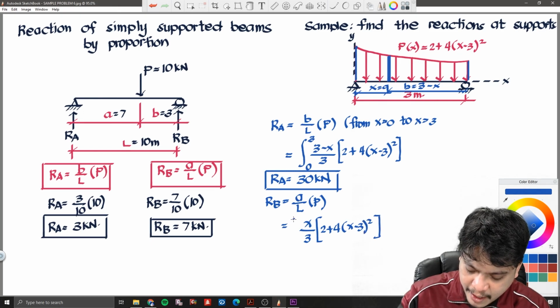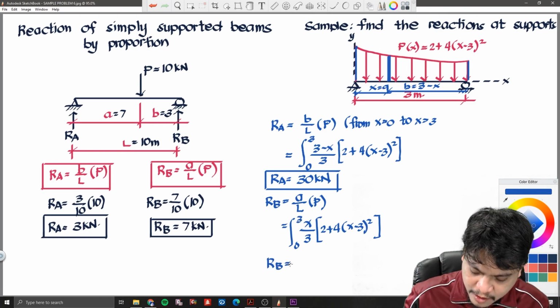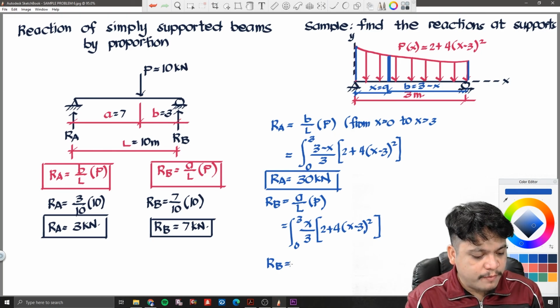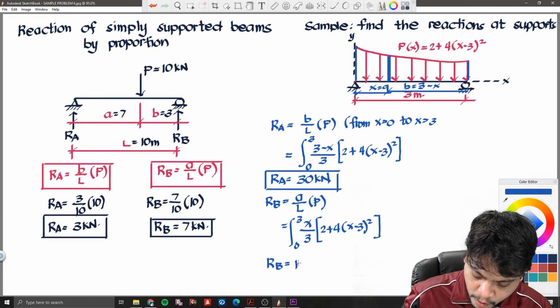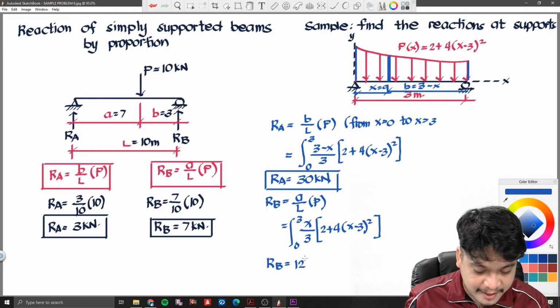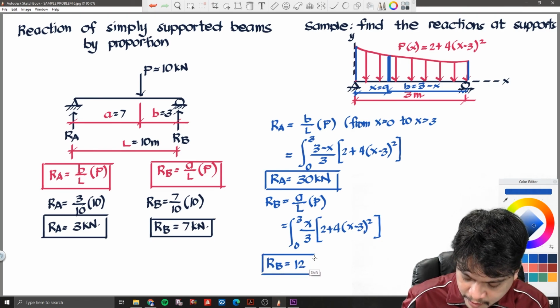Okay, again, that is from 0 to 3. Okay, so you will now have the value of RB, which is equal to, so yun, papalitan mo lang naman ng X. So, you will now be having here as 12. Okay. So, this is now the reaction at B.